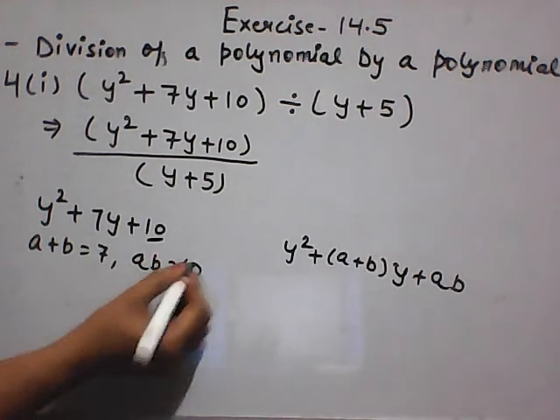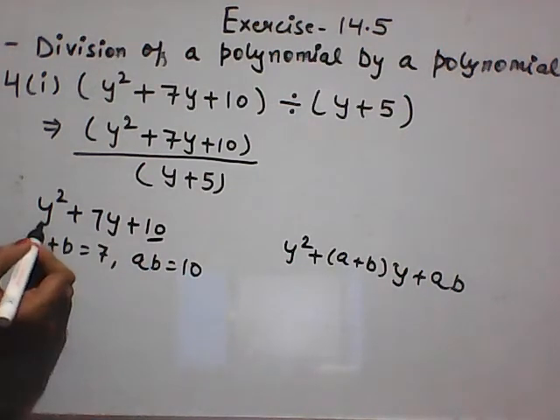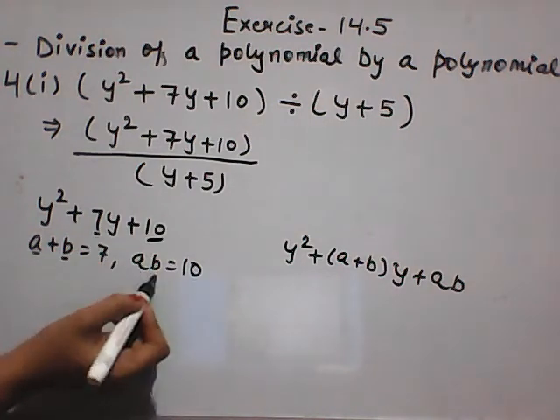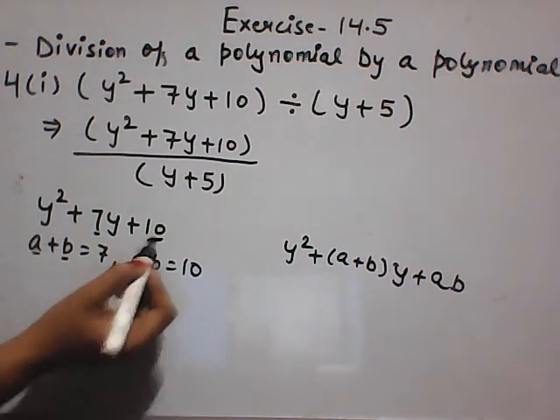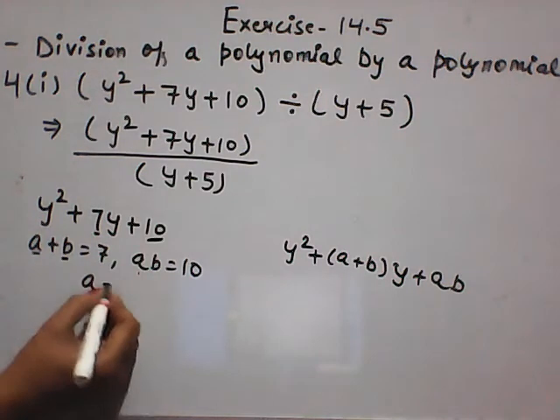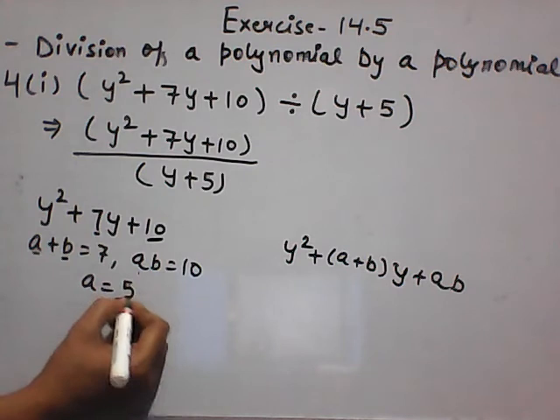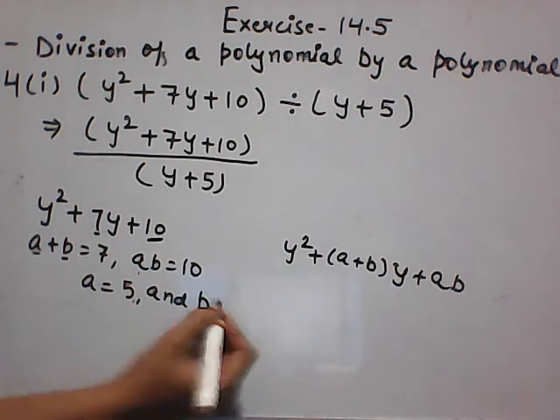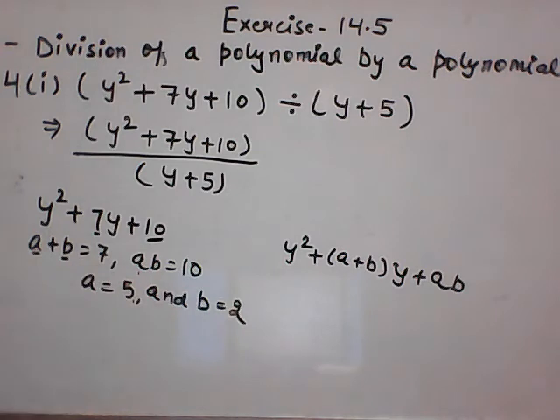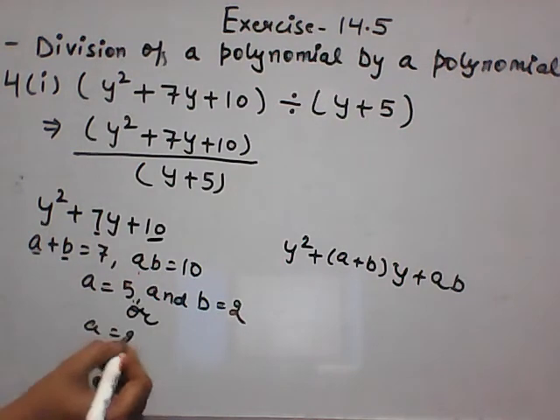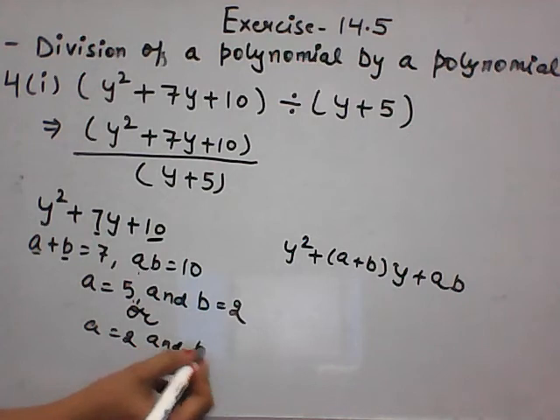We have to factorize this expression in such a way that the sum of two constants is equal to 7 and the product of these two constants is equal to 10. We know that 5 plus 2 is 7, and 5 multiplied by 2 is 10. So a can be either 5 or 2, and b can be either 5 or 2. If a is 5, then b is 2. If a is 2, then b is 5.